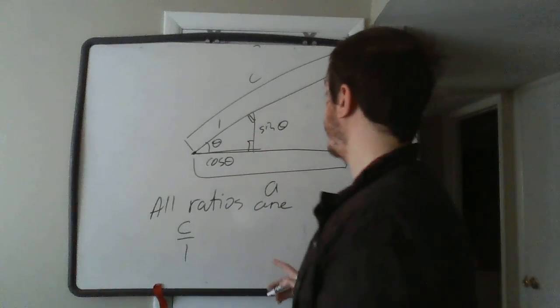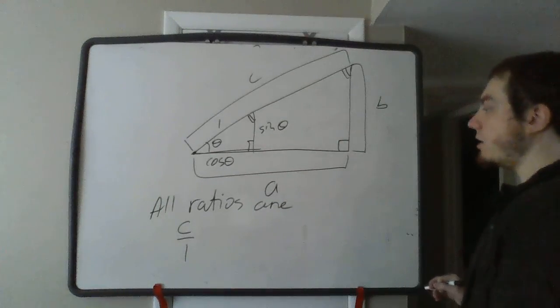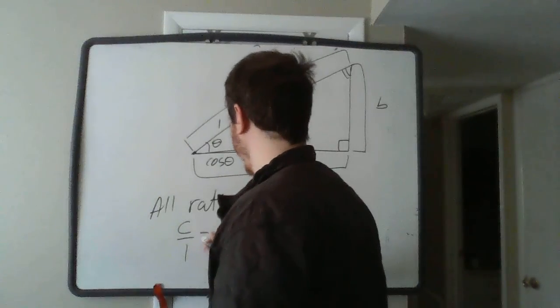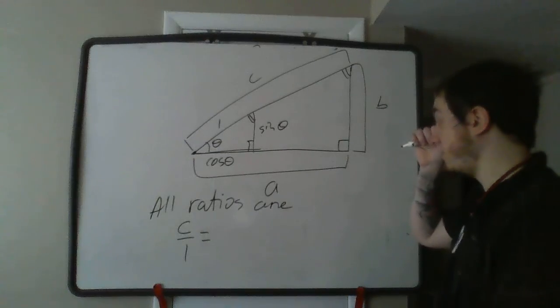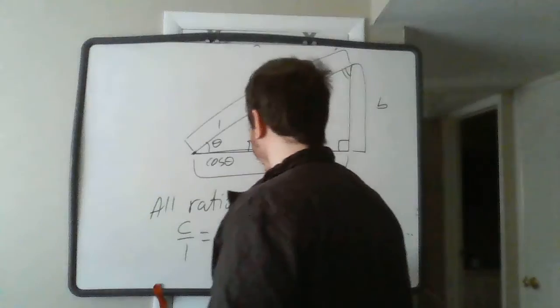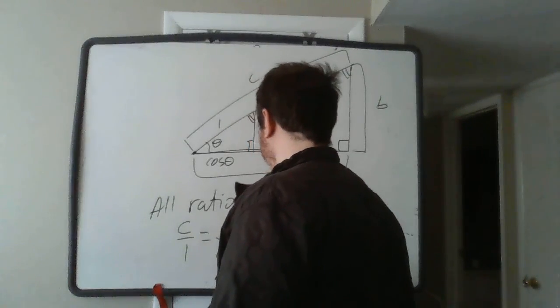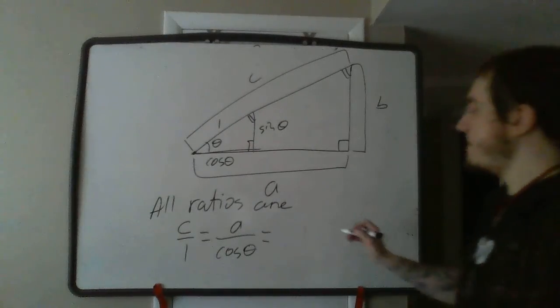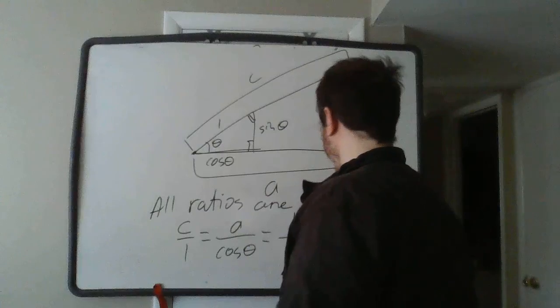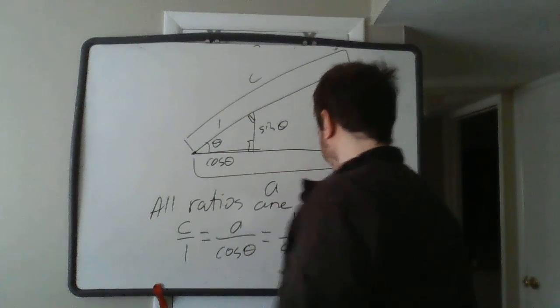So that means that C over 1 is going to be the same as the ratio of A to the cosine of theta. In other words, A divided by cosine theta, and it is also going to be the same as B divided by sine theta.